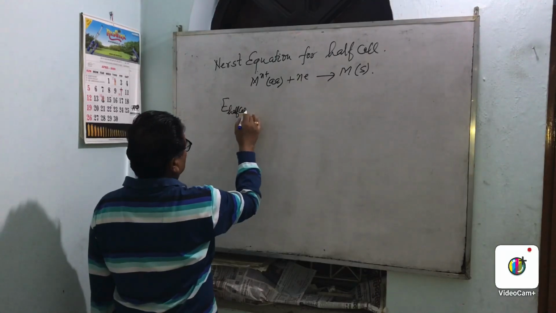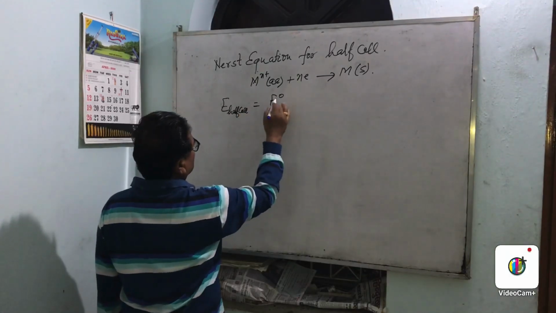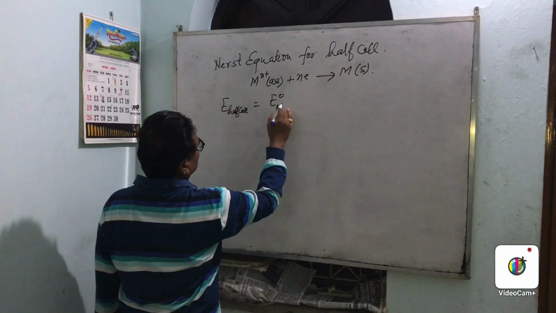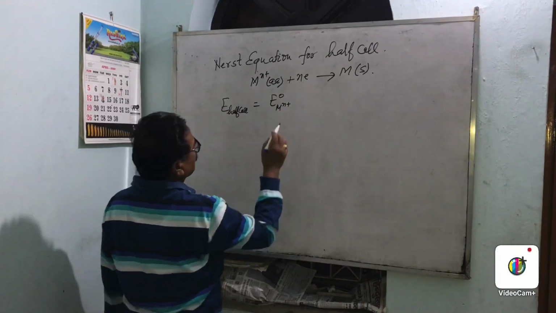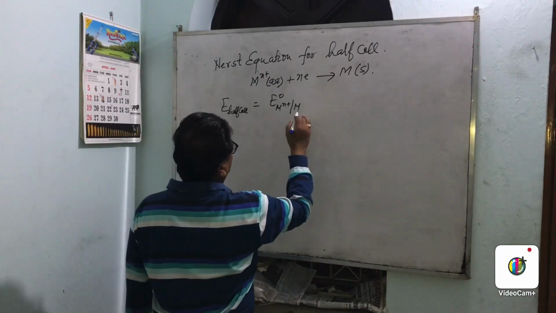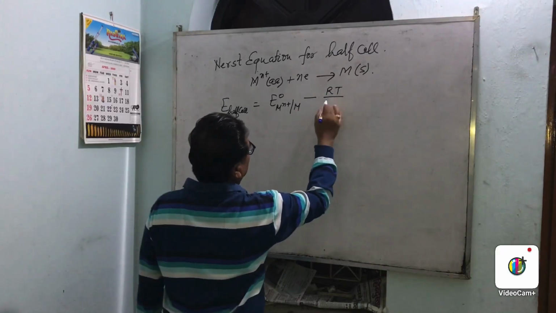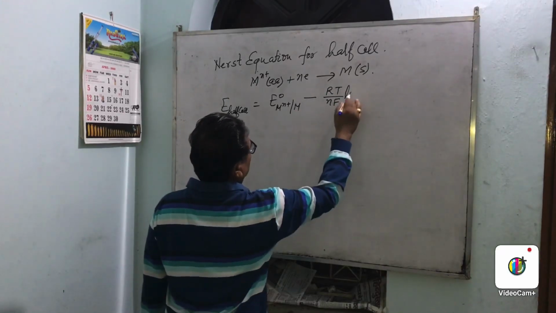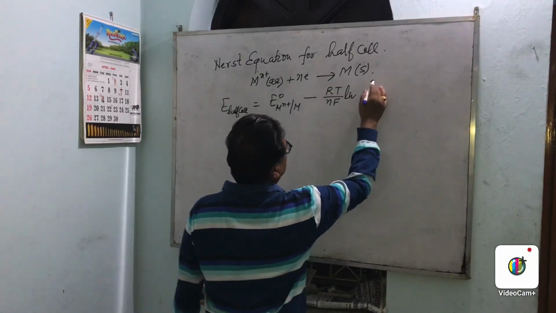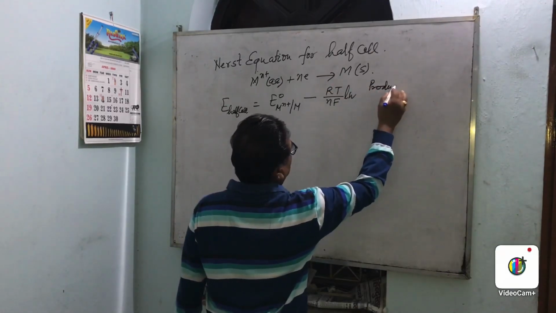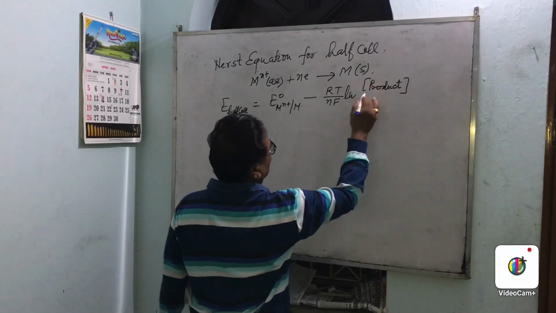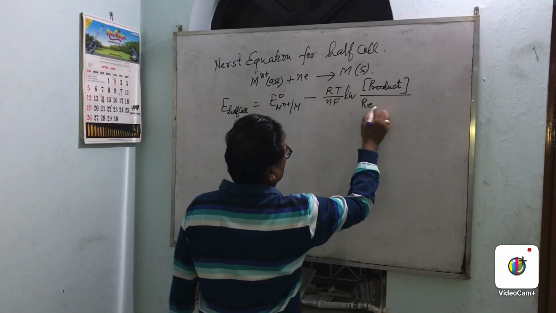E half cell is equal to E naught M n plus, M, minus RT by nF log, and this is written as product by reactant. Product by reactant, simply.